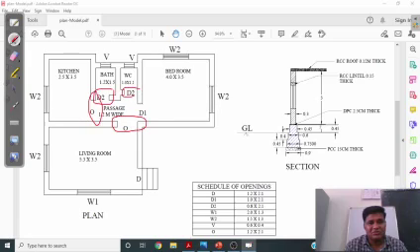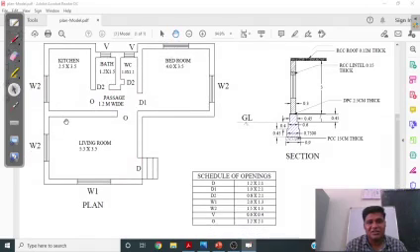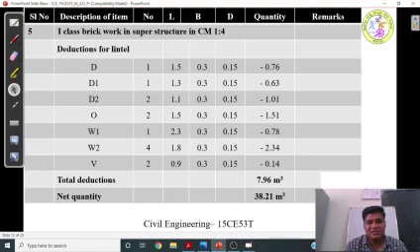In order to rest that beam on the walls, I am going to give some bearings to the openings. So above all these openings, the lintel will be provided. So this lintel should be deducted from the masonry. In this estimate, I am going to assume a 0.15 meter bearing on either side.